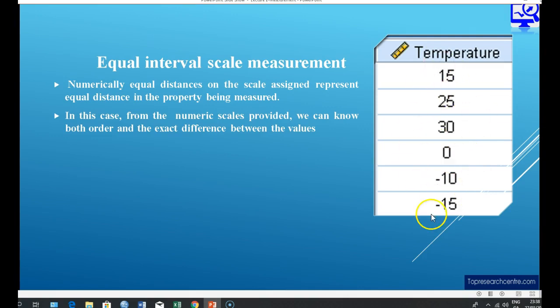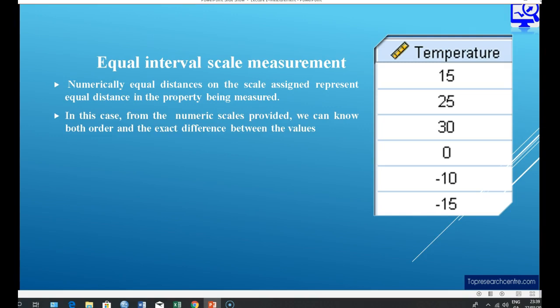From mere looking, you can identify that the lowest temperature was -15, followed by -10, followed by 0 degrees Celsius, followed by 15, followed by 25, and followed by 30. Thus, we can easily order, and we can see the difference that between 25 and 30 is 5 degrees. We can know the exact values between the used units, and also we can order.